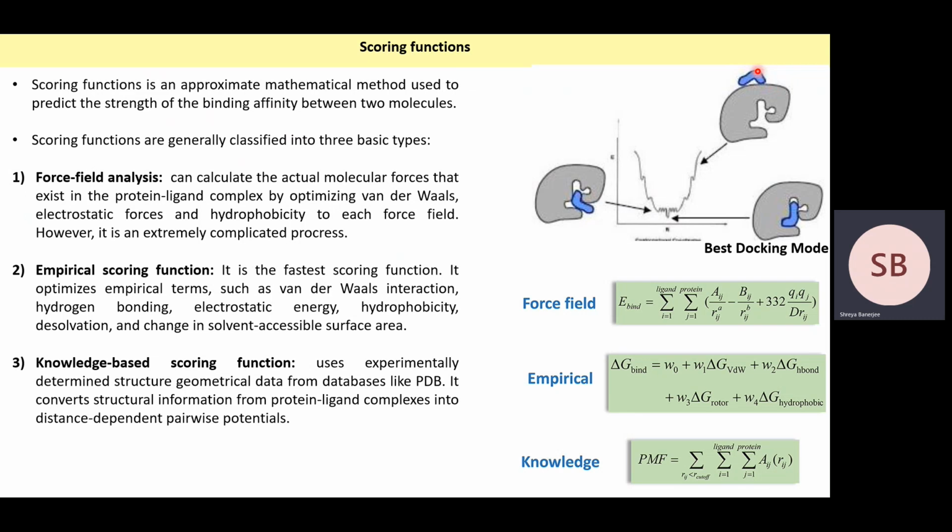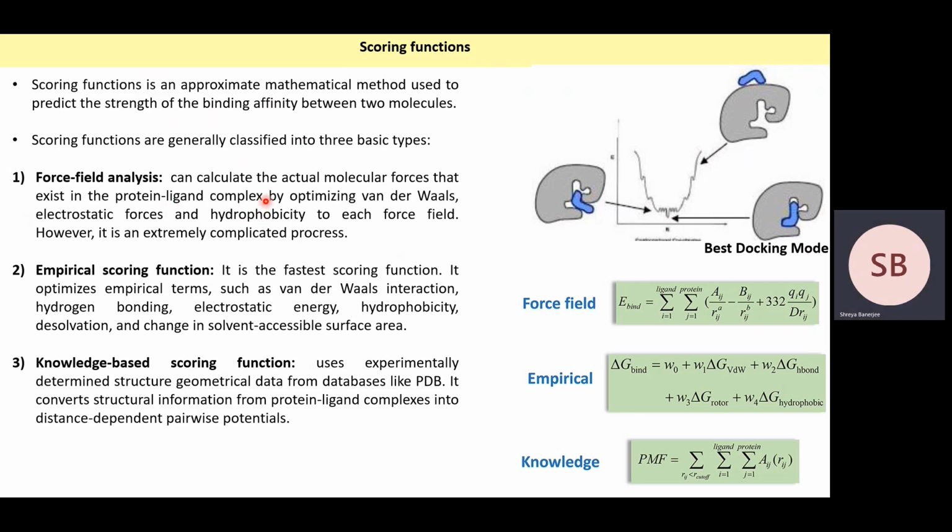So it can happen that the molecules are interacting outside the interaction cavity. Then the binding affinity will not be good, the energy of binding is quite unstable. Or it can be within the binding cavity, but it is not properly aligned. So again, it is not the lowest energy structure. The lowest energy structure will be that which is the best docking model. And the scoring function will predict the binding affinity of this best docking model.